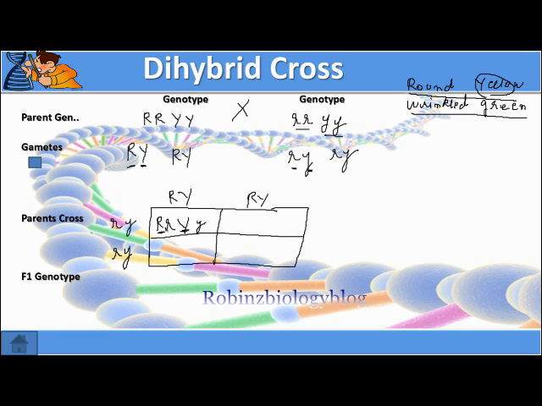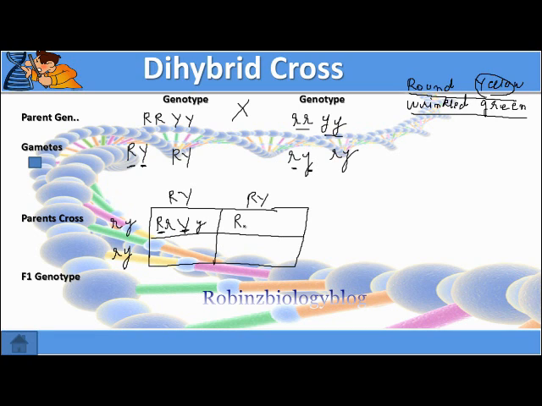Now why am I calling them alleles? This one, capital R, is supposed to decide the shape of the seed. Similarly, small r is also for deciding the shape of the seed. However, this one is giving round shape and this one is giving wrinkled shape.